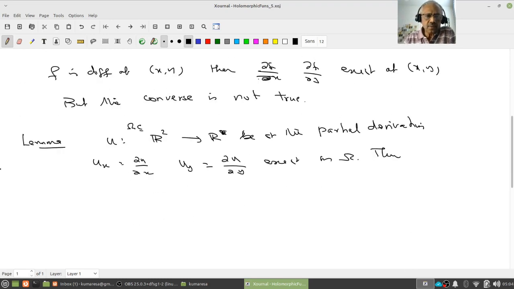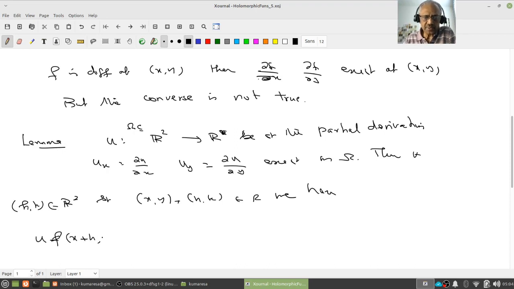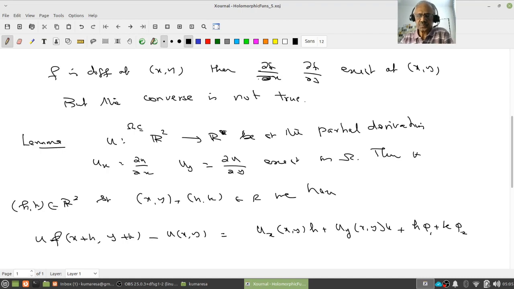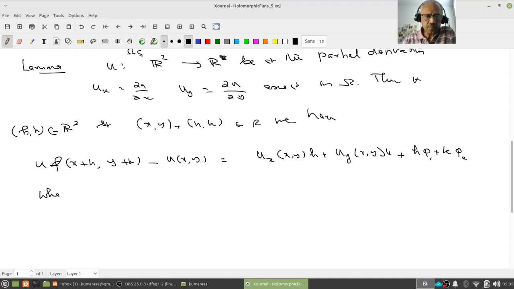Then for all (h, k) in R2 such that (x, y) plus (h, k) lies in Omega, we have u of (x plus h, y plus k) minus u of (x, y) equal to ux at the point (x, y) times h plus uy at the point (x, y) times k plus h times some phi 1 and k times some phi 2, where phi 1, phi 2 go to 0 as (h, k) go to 0.